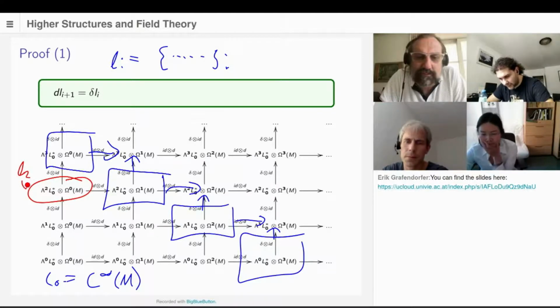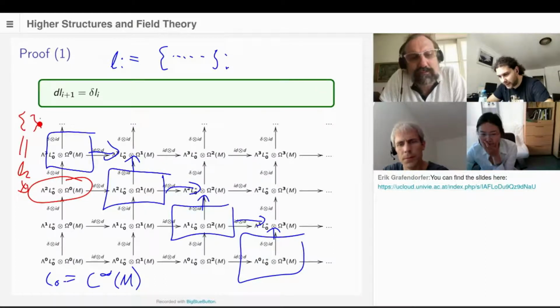L2 is an element here, or the Poisson bracket would be an element here, and being a comoment would be exactly described by being a potential in this double complex.